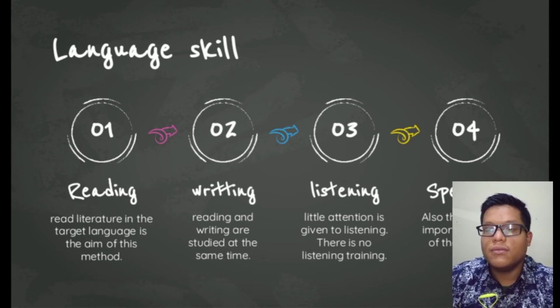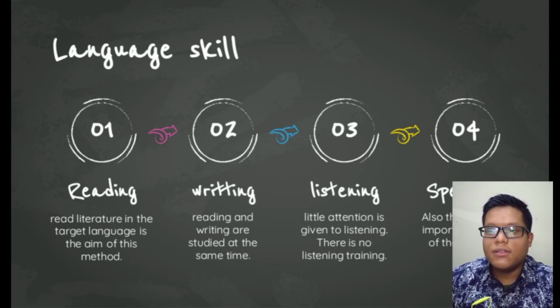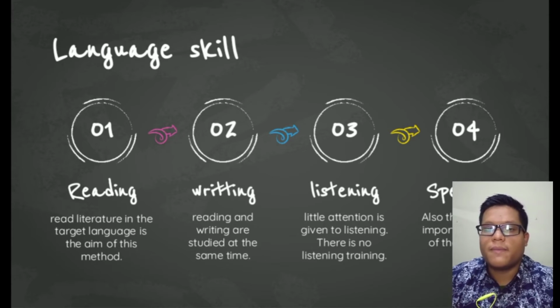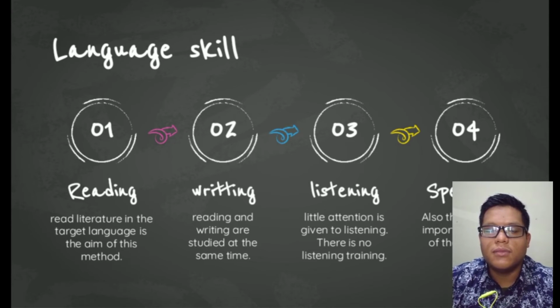In reading skill, hopefully after we learn this method we can read literature in the target language. Reading literature in the target language is the aim of this method. So it's not just that we learn this method to be able to translate our language to another language, our target language.